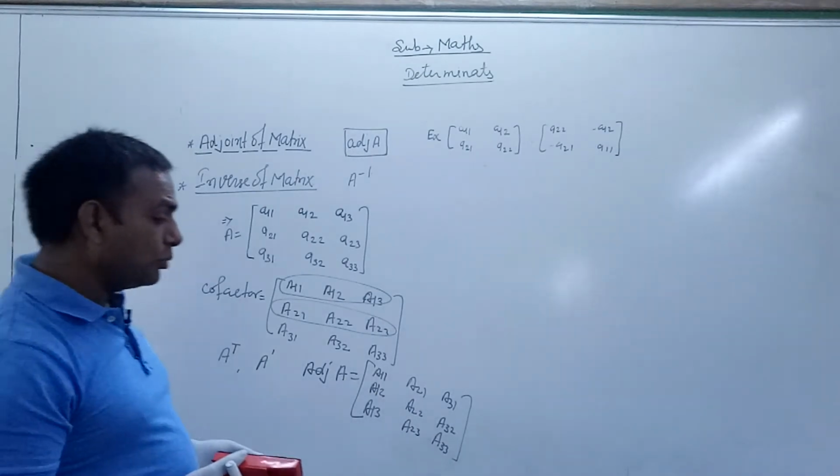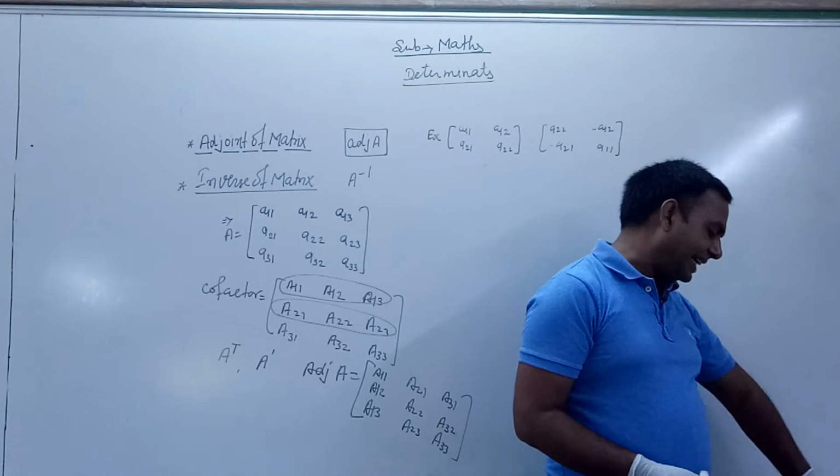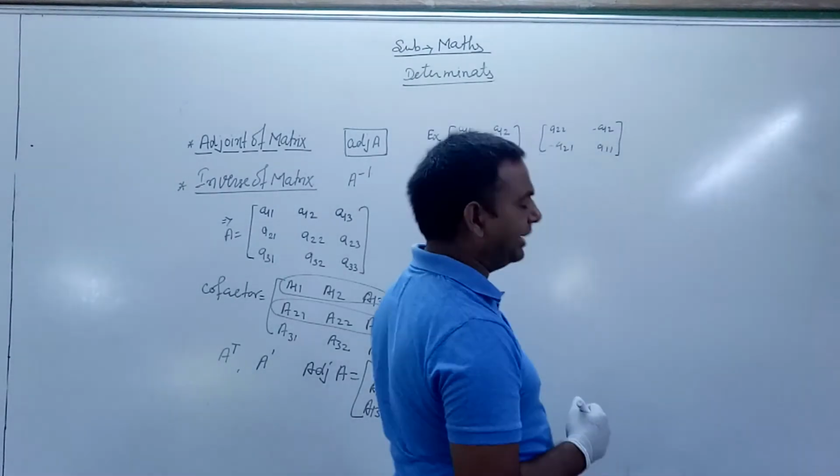Second condition: if you have a 2 by 2 matrix, how can we find the adjoint of A?